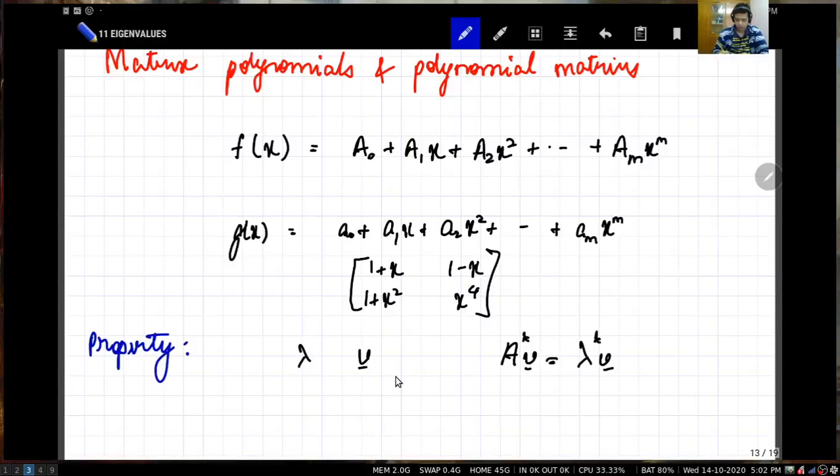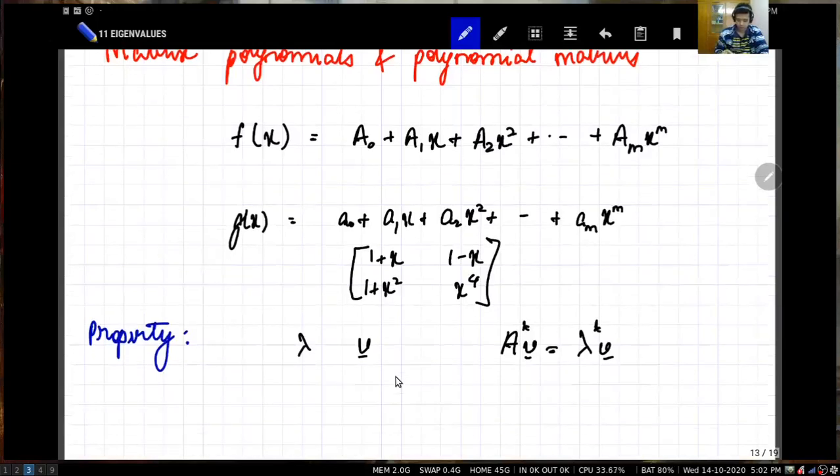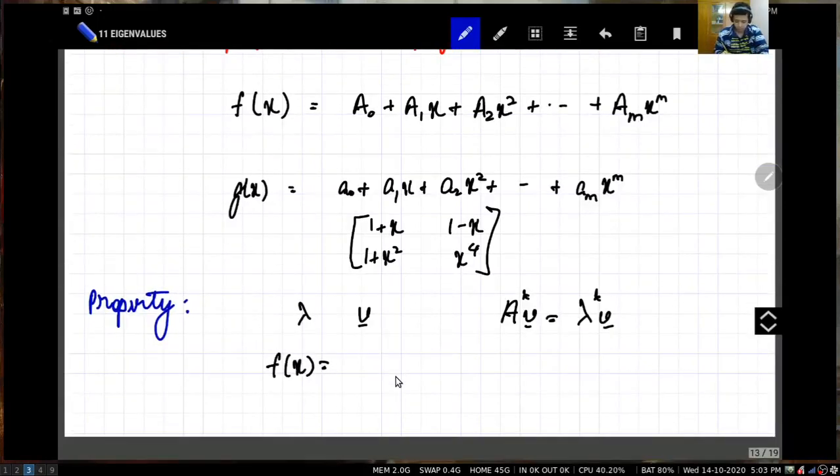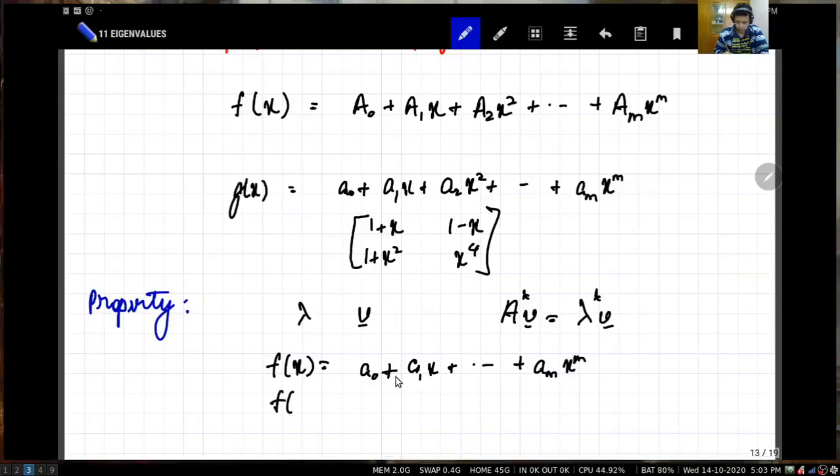What this means is that if we take a polynomial, so suppose we have the following polynomial, f of x equals A0 plus A1 x and so on plus Am x to the m, and we define f of A to be A0 I plus A1 A plus so on plus Am A to the m.